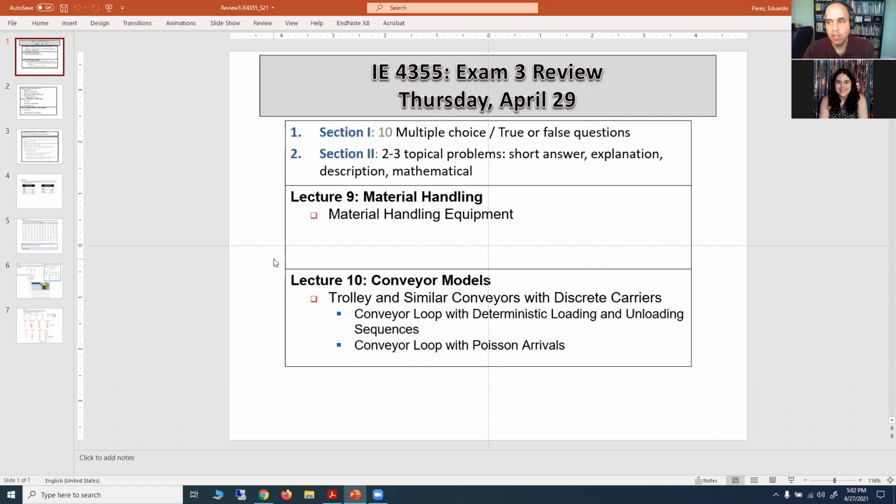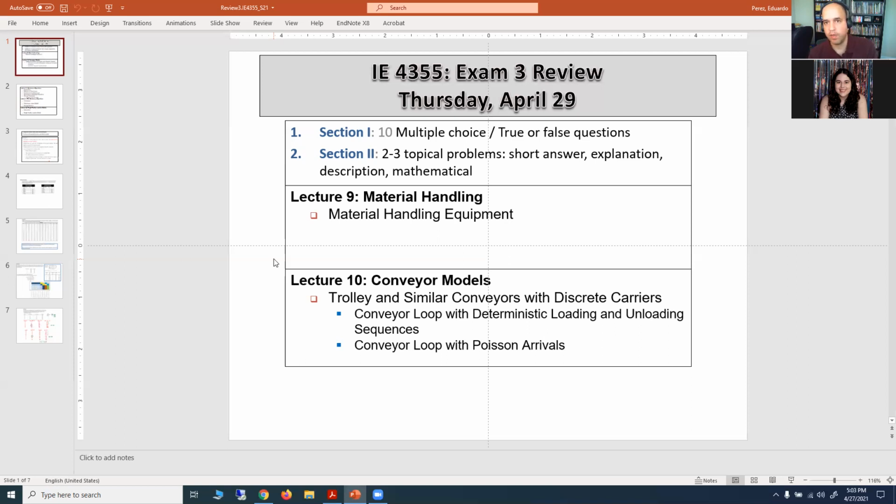So it's important for you to at least understand what the major groups of material handling equipment are, how they are different, how they are used in practice, and what the applications for them are.